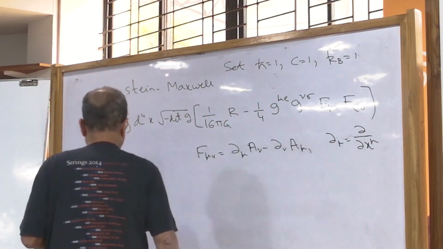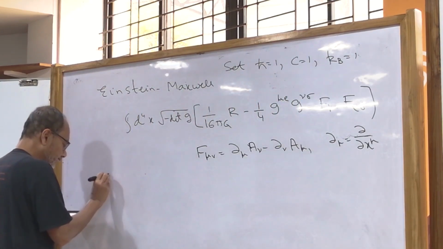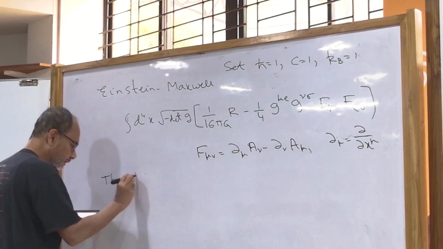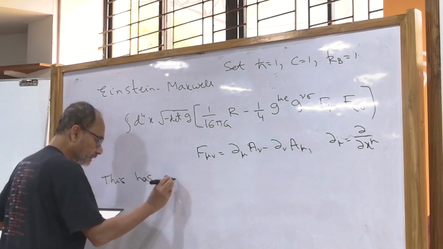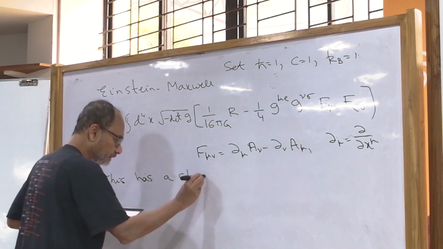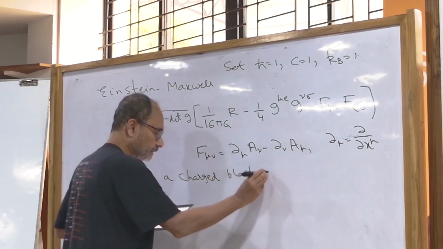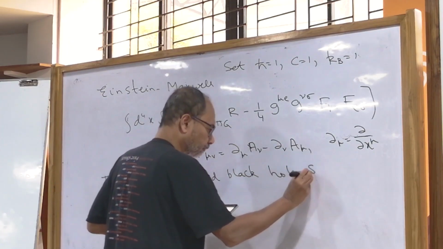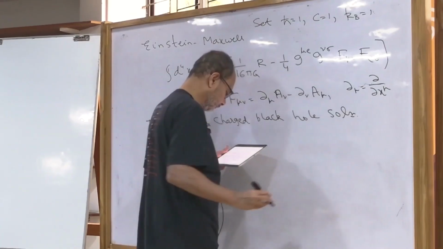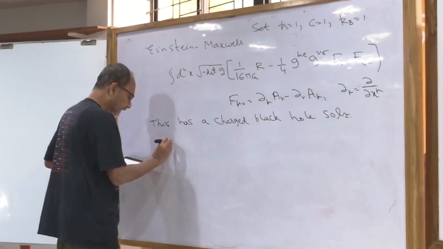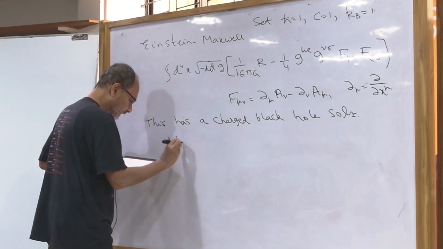So, this theory has a charged black hole solution, where the metric has the form given here.